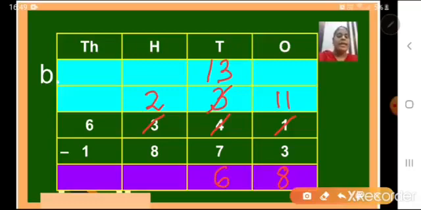Okay. In hundreds place again 2 minus 8 is not possible. So we have to borrow from thousands place. In thousands place we have 6,000. Cancel 6. 6 will give 1,000. Okay. So 6 minus 1 is 5. First I will write here 5.